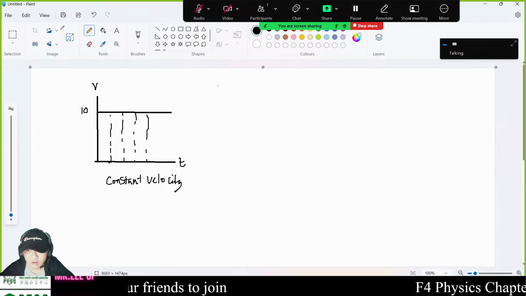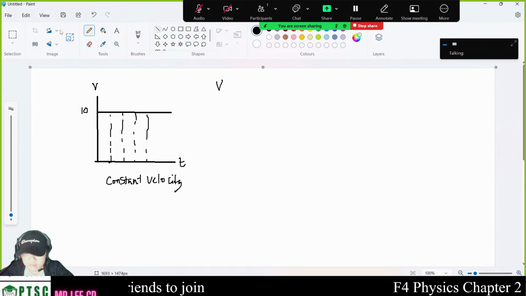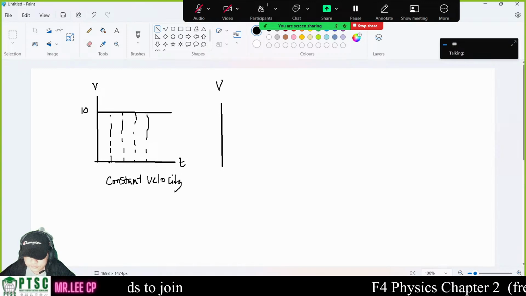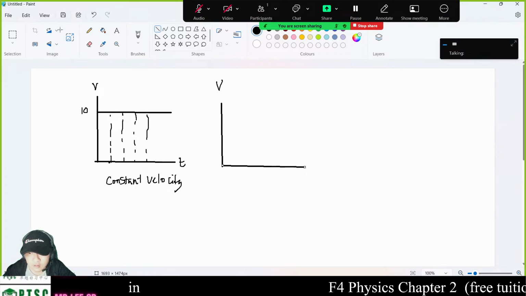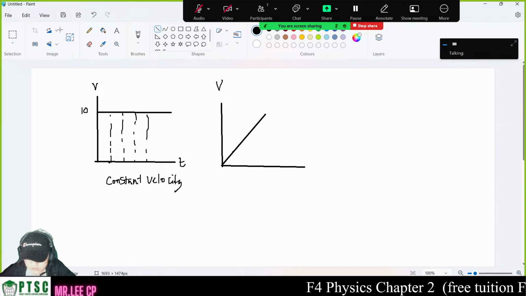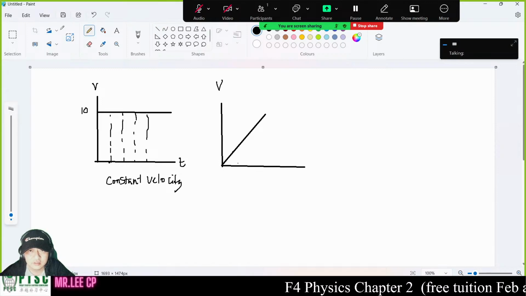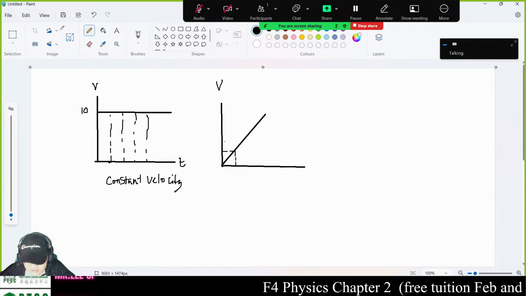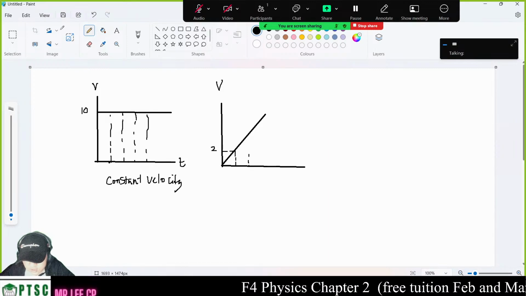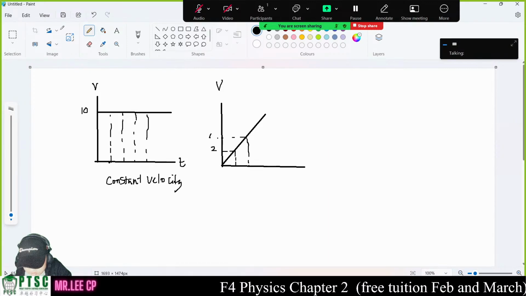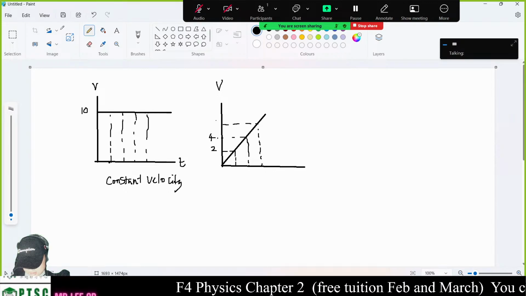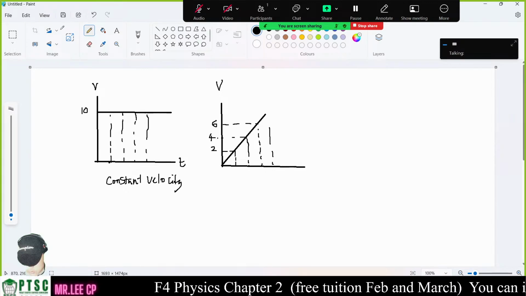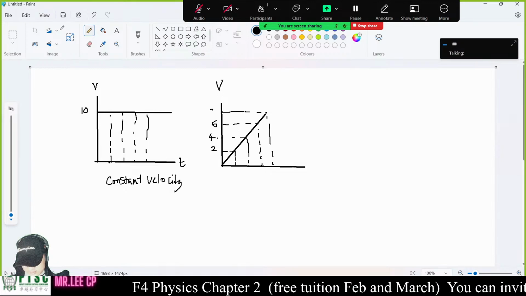Now, how about this kind of graph? This kind of graph, we are going to call it acceleration. First second, I'm moving with 2. Second second, 4. Third second, 6. Fourth second, 8.